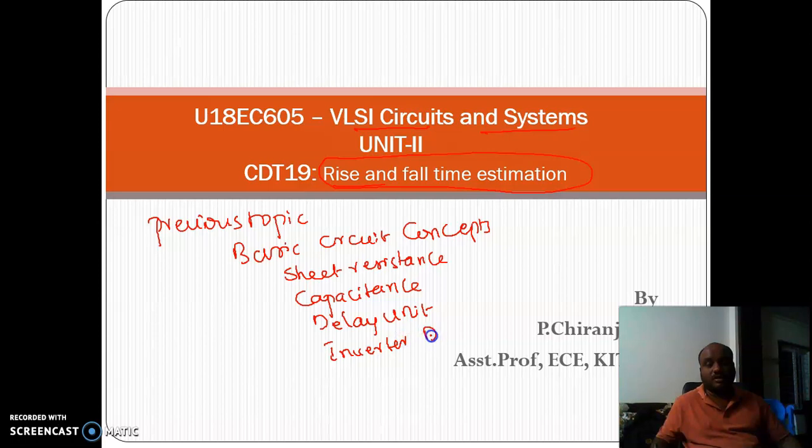So these are all continuous topics where sheet resistance and area capacitance are the basic circuit concepts. Based on these we derive the delay unit, and based on the delay unit we have done inverter delays.